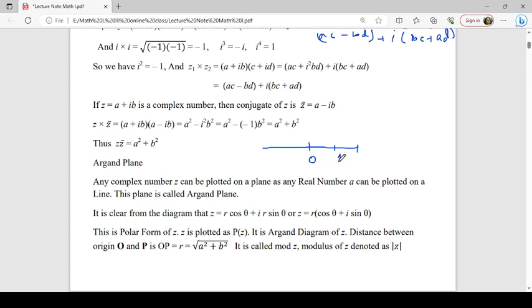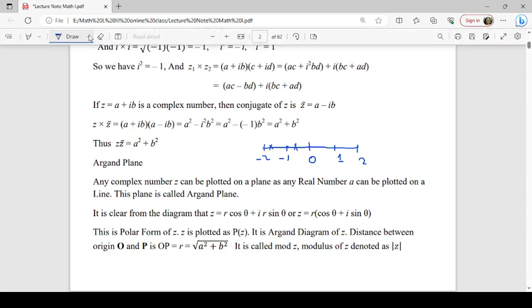If this is 1, this is 2, then to the left it is minus 1, minus 2. So any point here represents a real number. The Argand plane is the representation of complex numbers. As we plot real numbers on a line, we can plot complex numbers on a plane.